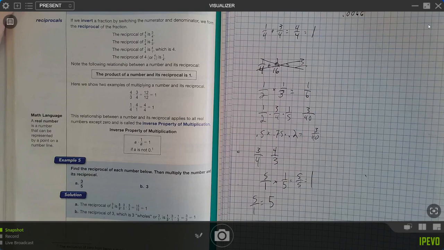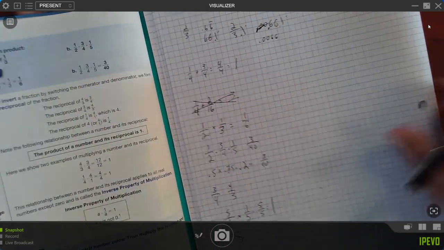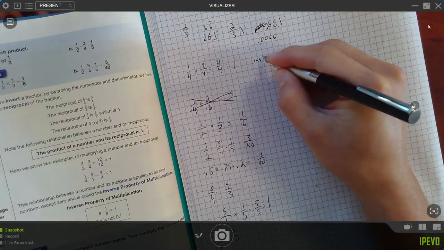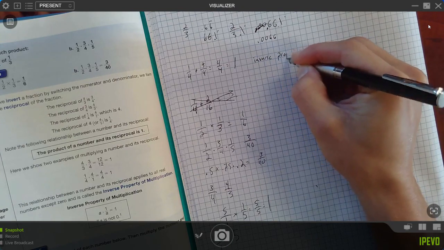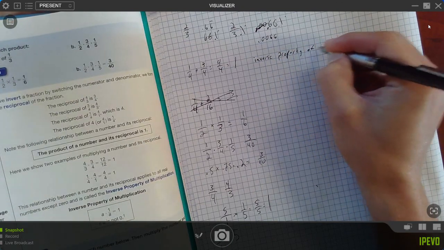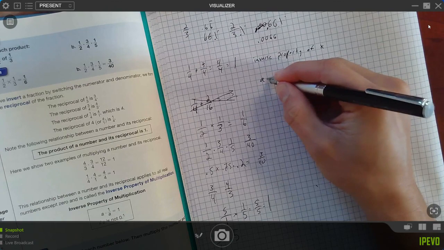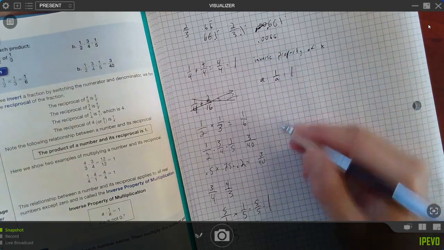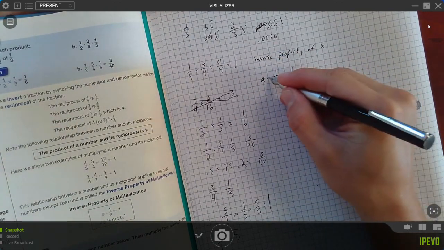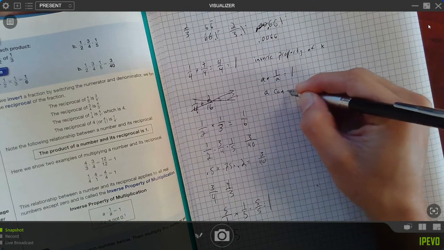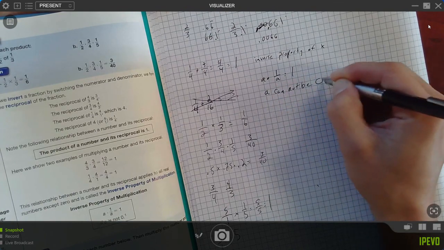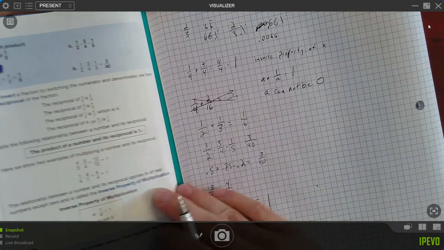So the inverse property of multiplication, which is something you need to write down, a times 1/a equals 1. And that only works, a cannot be 0. Okay?